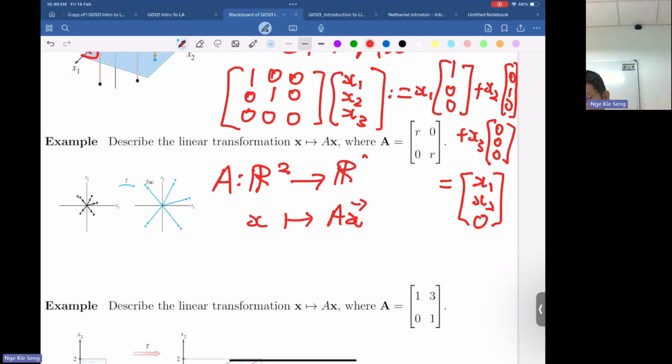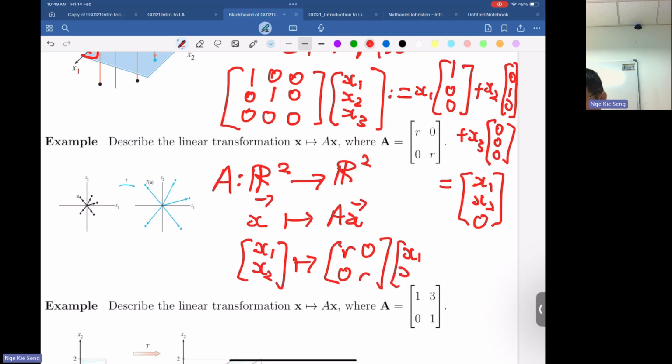If I put a random x1, x2 here and multiply by R 0, 0 R, I get R x1 and R x2. In other words, I'm scaling my vector.